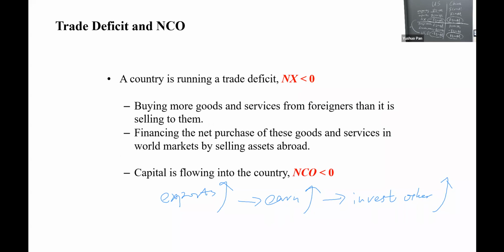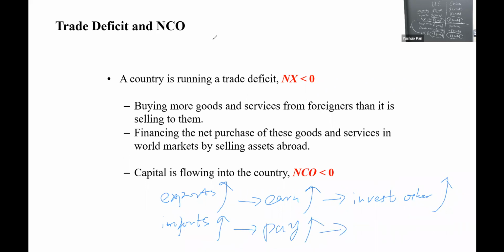A country running a trade deficit means buying more goods and services from foreigners than it is selling to them, and financing the net purchase of these goods and services in the world market by selling assets abroad. So capital is flowing into the country. Kind of the same logic here, right? If imports go up, you are going to pay some money.